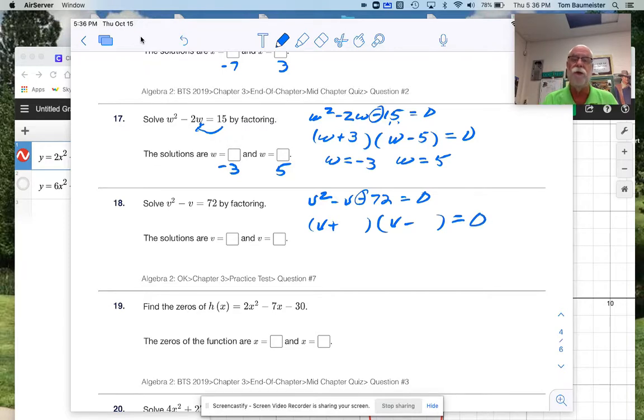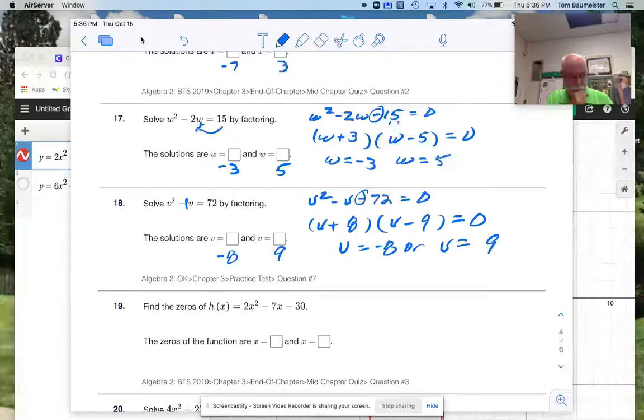What are factors of 72 that when I add them give me a negative 1, because remember, it's a 1 there, understood? So that'd be minus 9 plus 8. So our v is going to be negative 8, or v is equal to positive 9, sorry. Getting tired. So I'm going to have negative 8, positive 9.